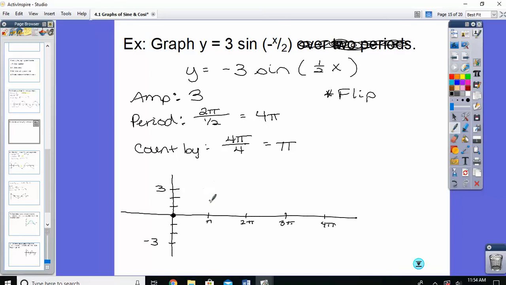Then it typically goes up, but because we're flipping, it's going down. And then you'll go back up. So it should look like this. Do you guys have questions with anything?